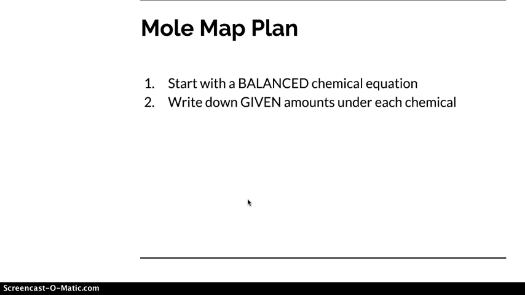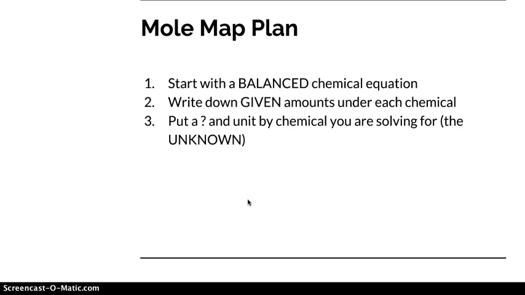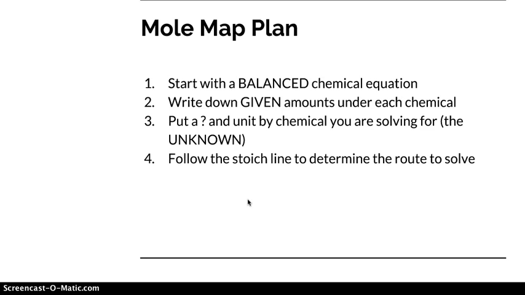Typically I'm only going to be given one given amount in the problem, but it might depend on what other type of problem it is. But write it underneath the chemical. And then we're going to put a question mark and a unit by the chemical you are solving for, and that's the unknown. Then I'm going to follow the stoichiometry path to determine which steps I need to do and which conversion factors I need to do to solve my problem.